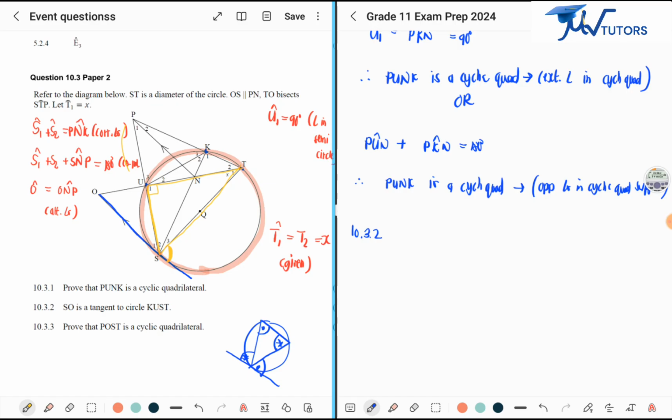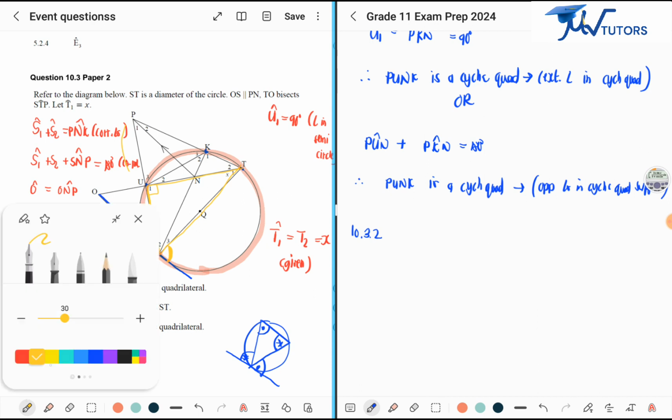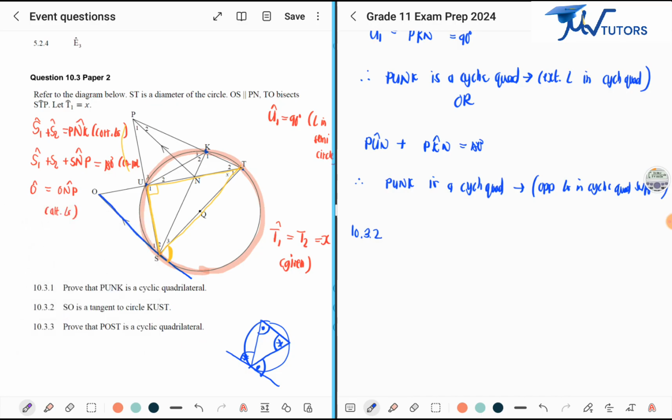If I were to look at the other side, I would have to prove, let me use a different colored pen, that S1 is actually equal to X. Okay, that's also another way of proving it, but I've already seen an easy way.